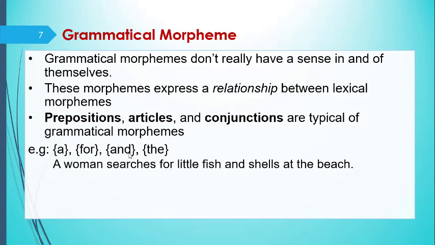You have to know what the word attached to it is. And then for what? And what? Or the what? It is because these word classes don't really have a sense in themselves. So they typically only express a relationship between lexical morphemes.